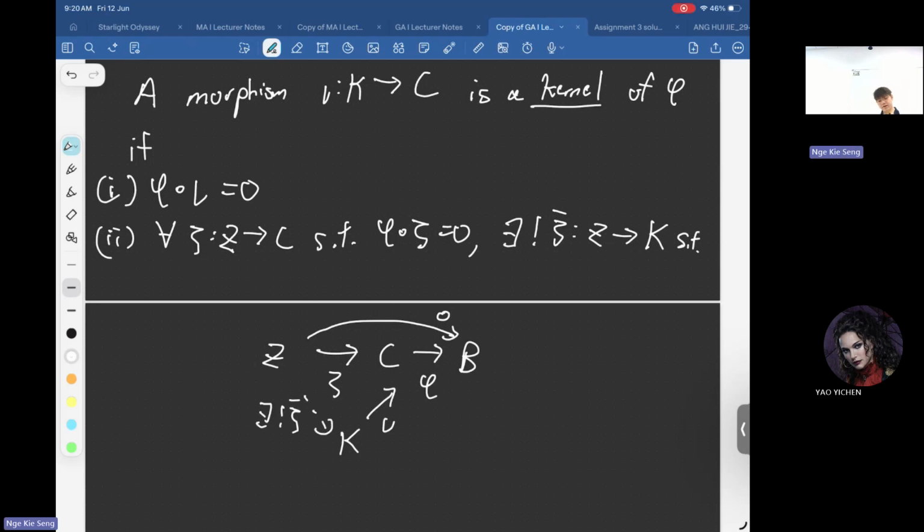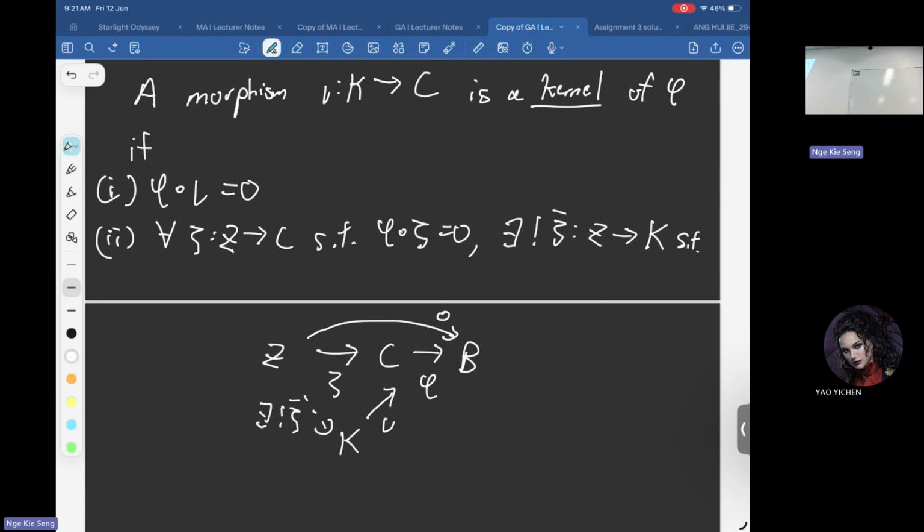One way to think about this K is that it is the largest object that you can put into C such that phi iota is 0.